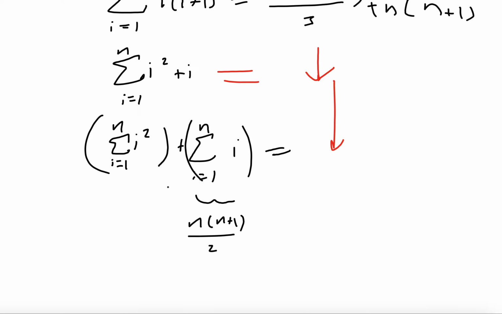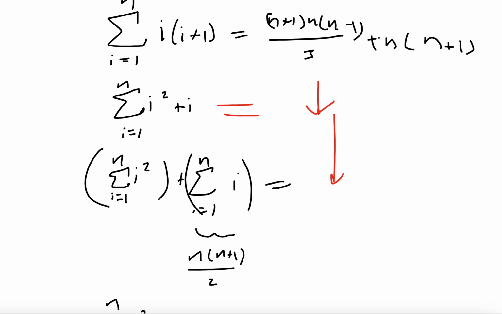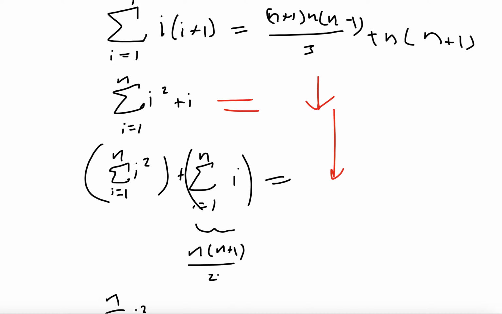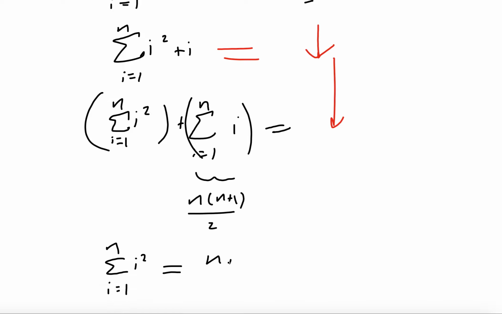Now, since we want to isolate the sum of i squared, it is equal to this right-hand side subtract from that n times n plus 1 over 2. Well, we have an n times n plus 1 over here, so if we have 1 of something minus a half of something, we're left with a half of that something. So we're left with n plus 1 times n minus 1.